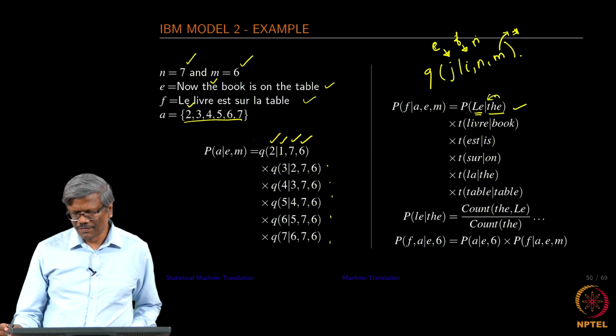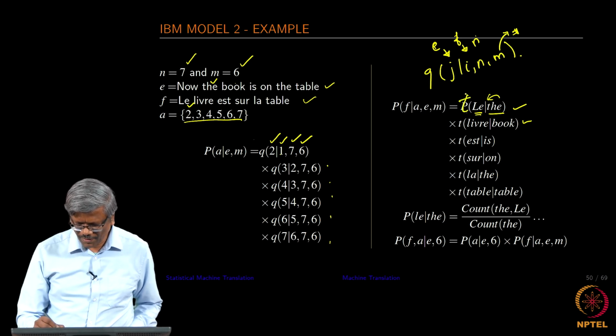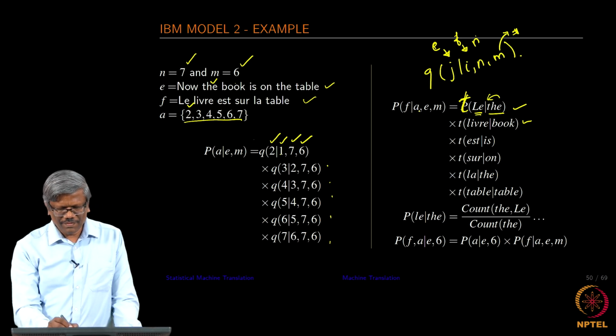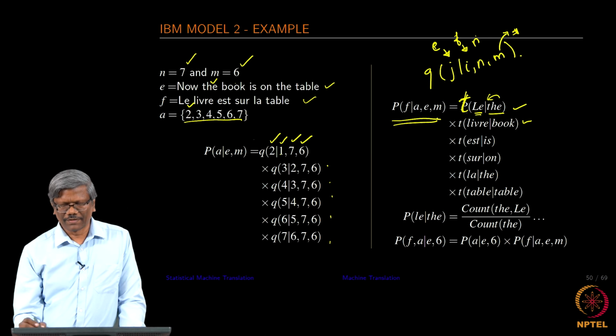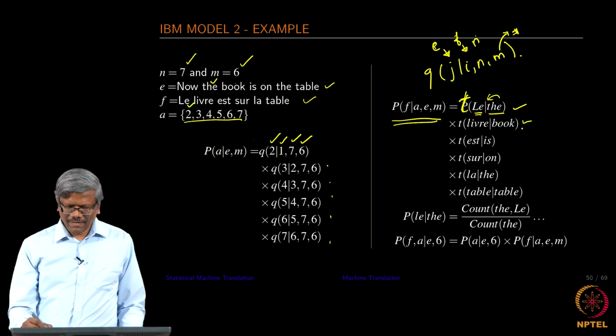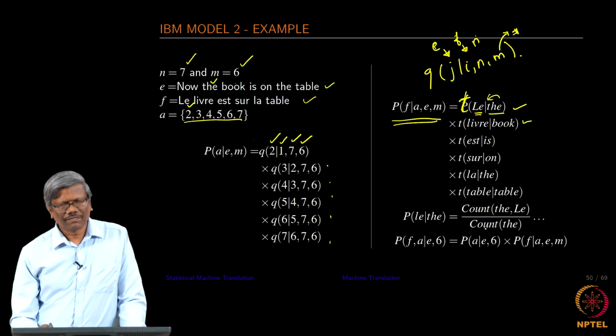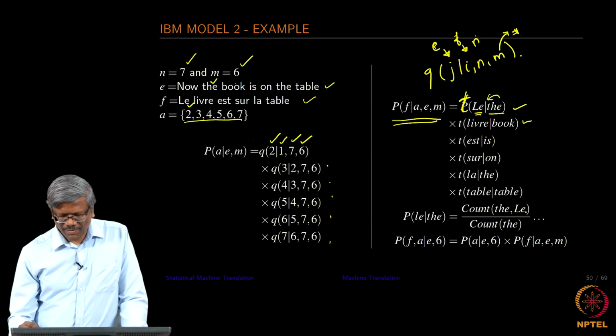given the English word the. Okay. So, in this way it should be T, let us call it T. Okay. And then for each of these we are getting the translation probability. So, getting the translation probability for each one of the words, and then multiply them, and then for each one of them you need to get the count of the words, right.